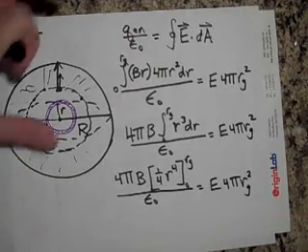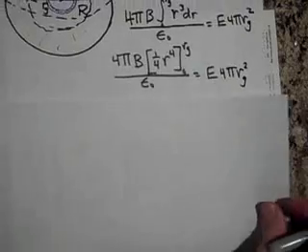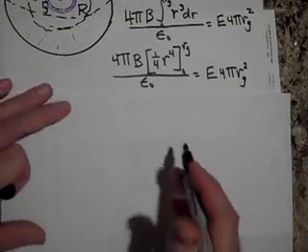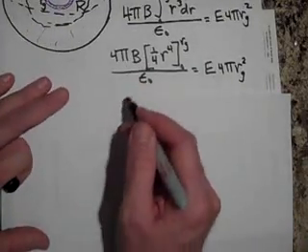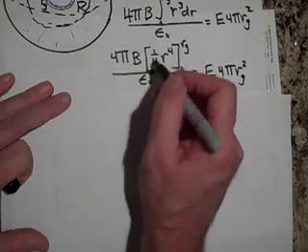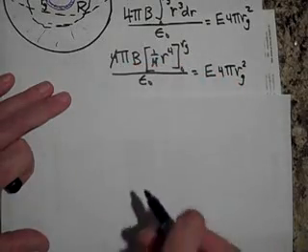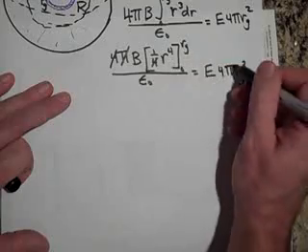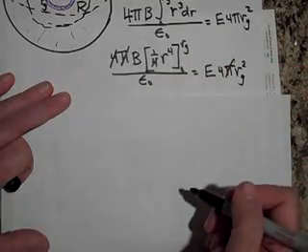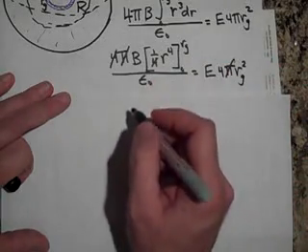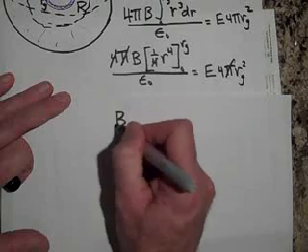Okay, moving right along to the next part. All right, so let's substitute in for this. I guess we can get rid of the 4's, and we can get rid of the pi's. And so what I have here is b.